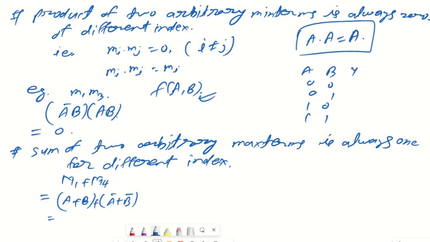And M1 was what? That is a is 0 and b is 1. So b is 1, it means a plus b bar. Now if you add them up, then what are you going to get? a plus a bar, definitely one of them is there, so it will be 1. So this is why the sum of any two arbitrary max terms is always 1.